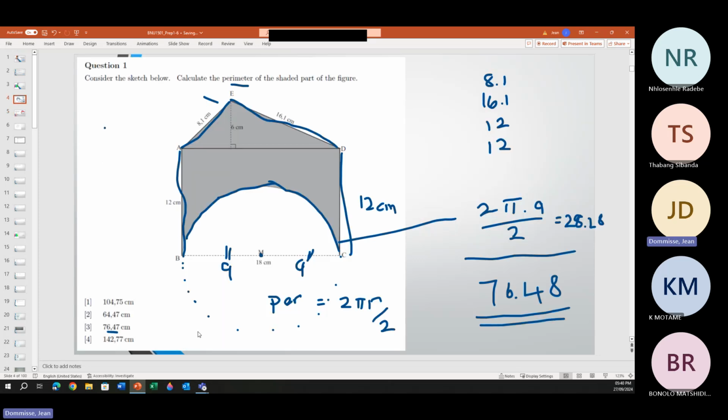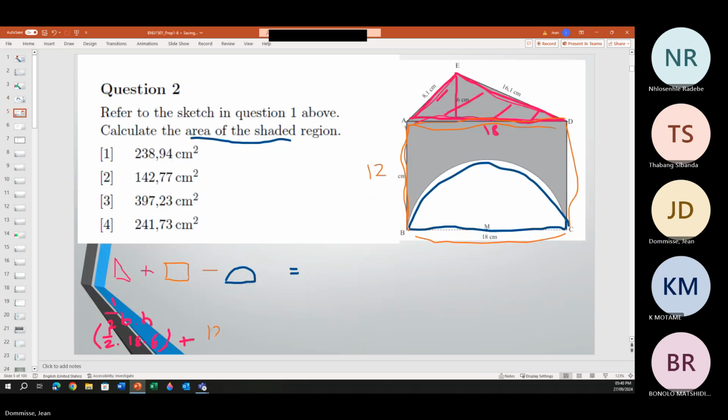Just want to check, 12 times 18. Okay, so that's the area of the square that we have, and then we need to subtract the area of a semicircle.